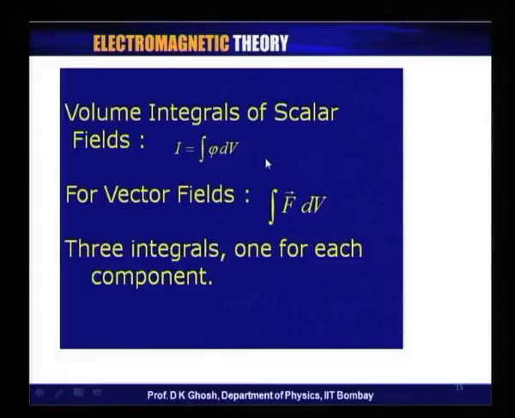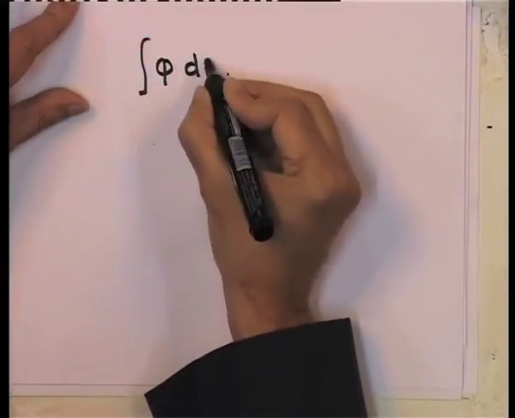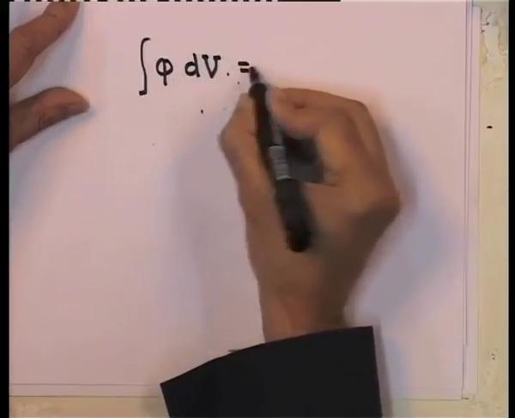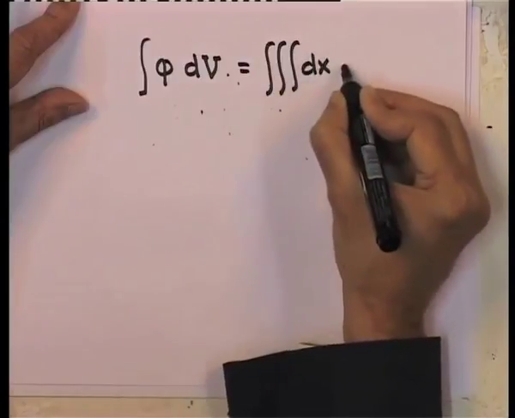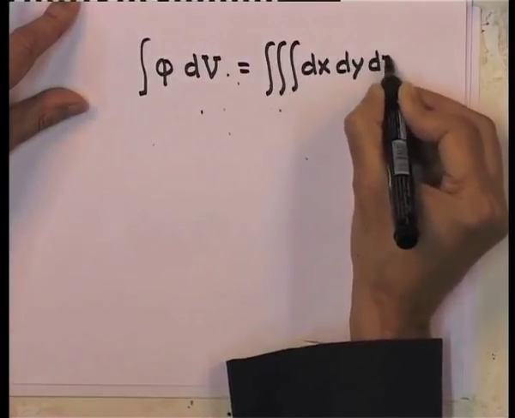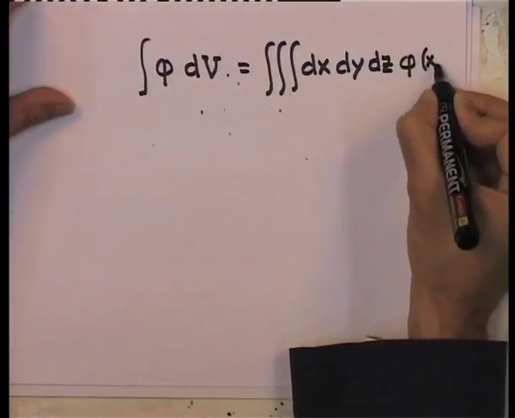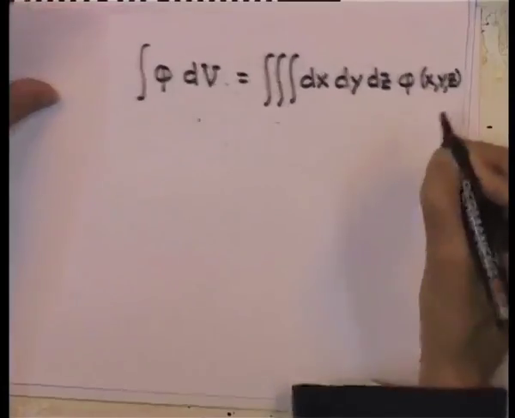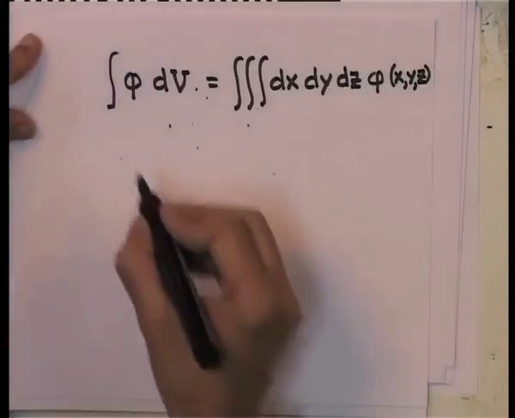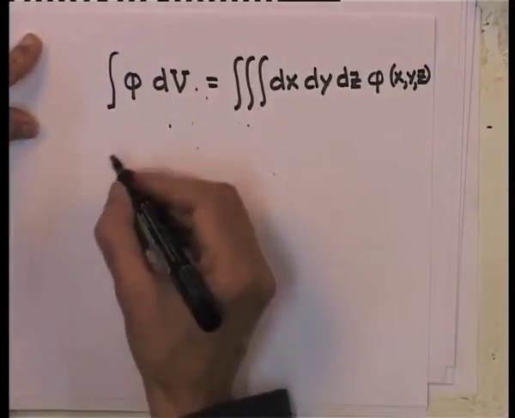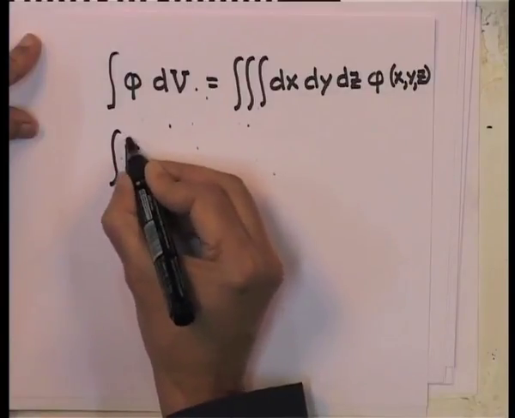So, the volume integral of phi dV, where V is the volume, is nothing but a triple integral over x, y, z of phi, which is a function of x, y and z. Now, I can define another type of triple integral or volume integral, which is the integral of F dV.